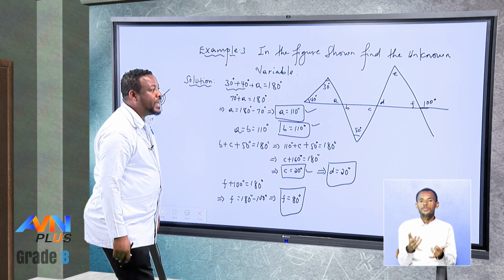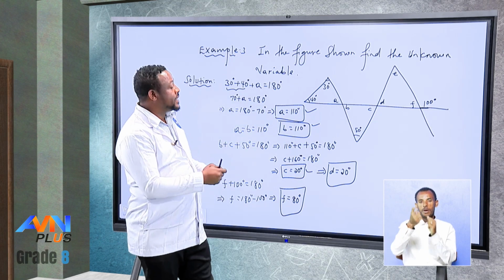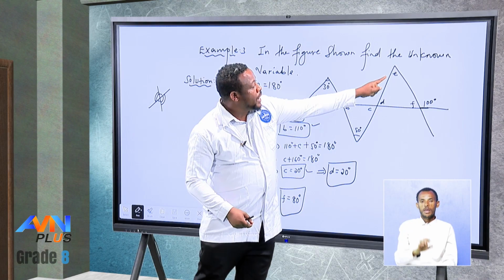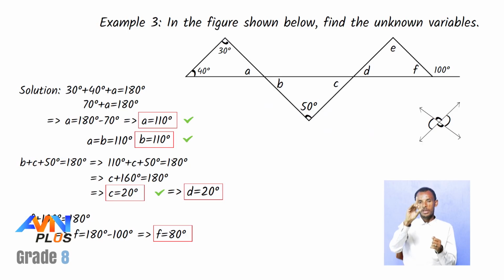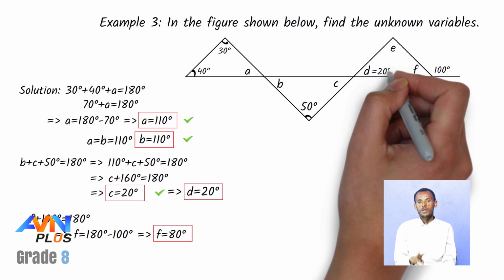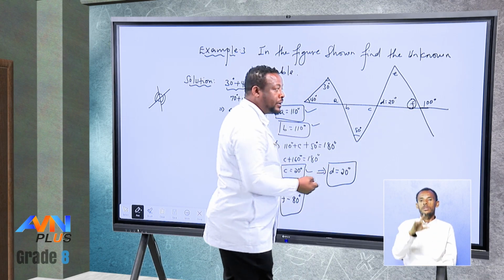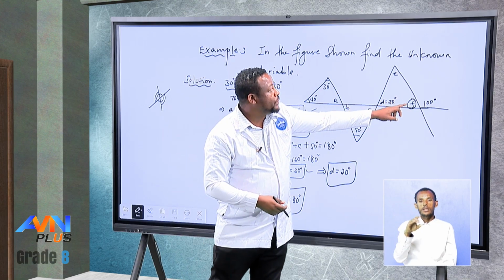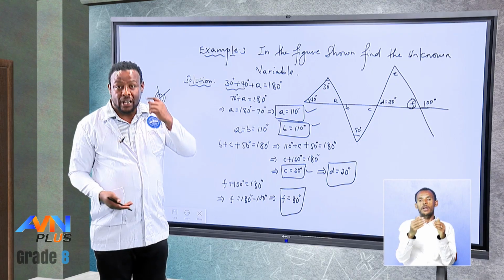Now we are left with only one unknown variable, which is E. This can be obtained because D is already 20, and F is 80 degrees. So D, F, and E form the interior angles of a triangle.